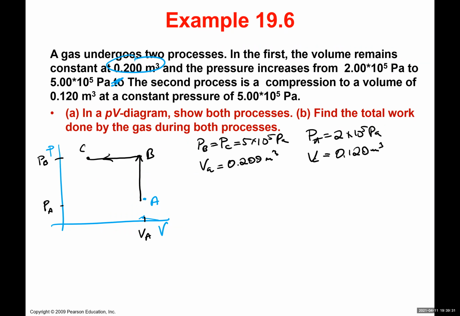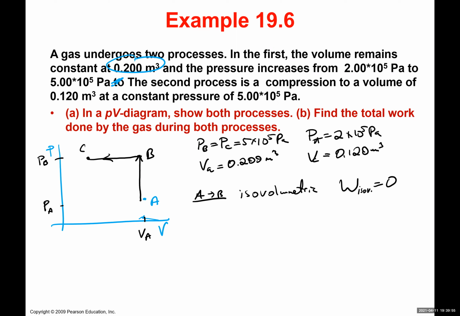All right, so I'm hoping you will be more comfortable this time around to look at those. So let's say going from A to B. Okay, so this is isovolumetric. And then we know that work done for the isovolumetric process is always equal to 0.